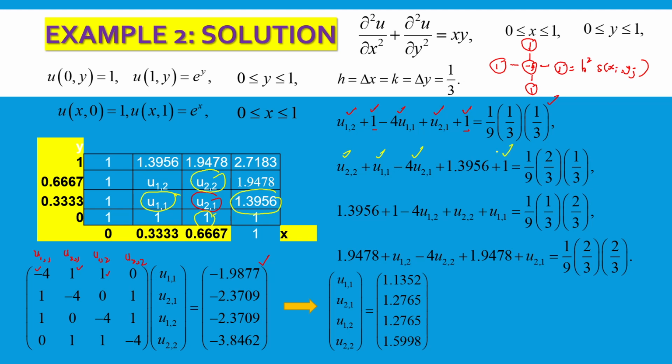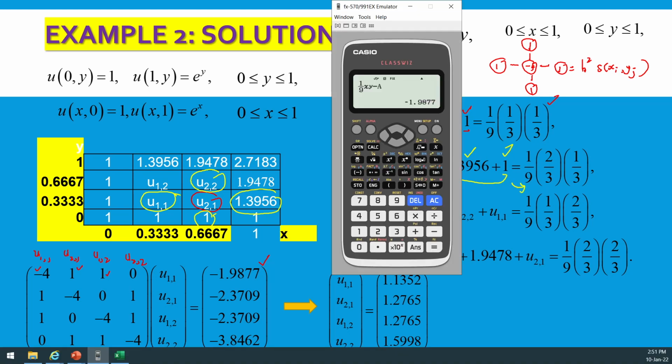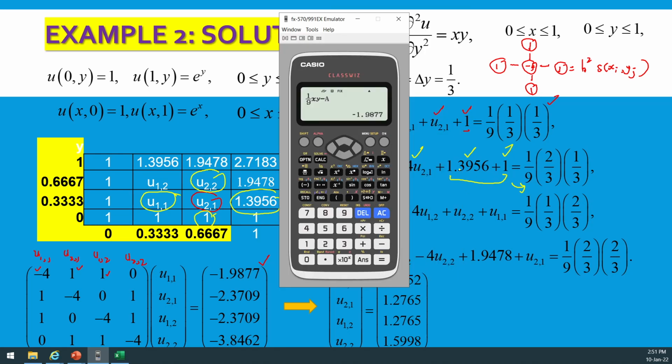Bottom is 1. Left right cell is 1.3956. Then these two values bring to the right hand side.